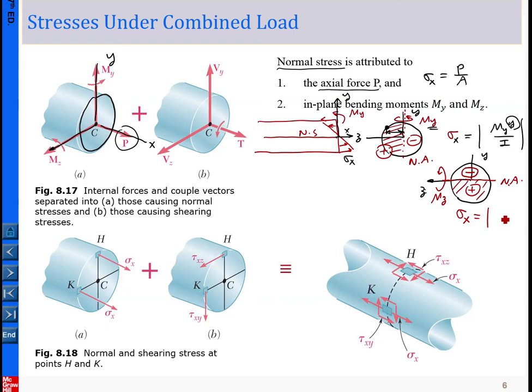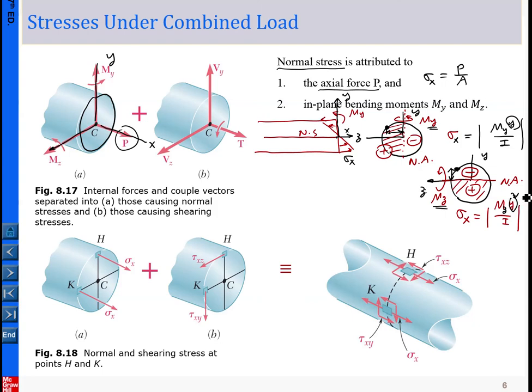Okay, for the magnitude, again, we put into our My over I template. M is the magnitude of the bending, for this case Mz, and y, again, is the distance from the point of interest. For example, here we want to determine the bending stress here. You simply measure the distance, and that comes to y here.